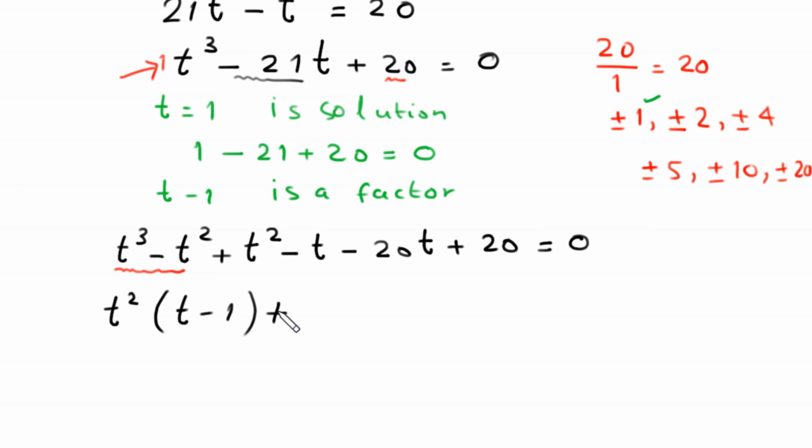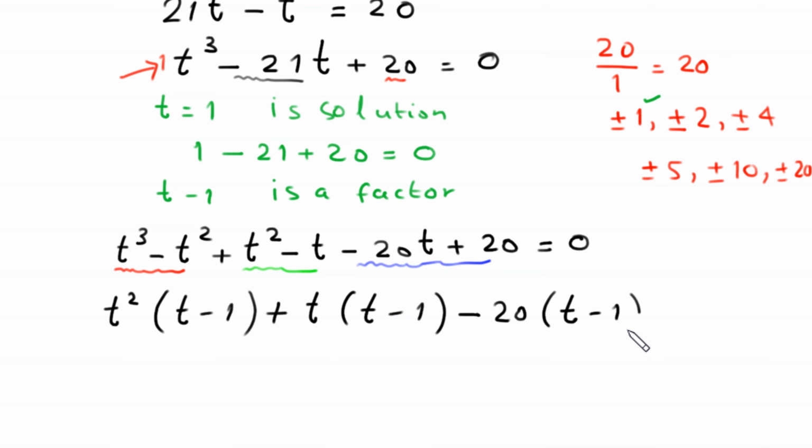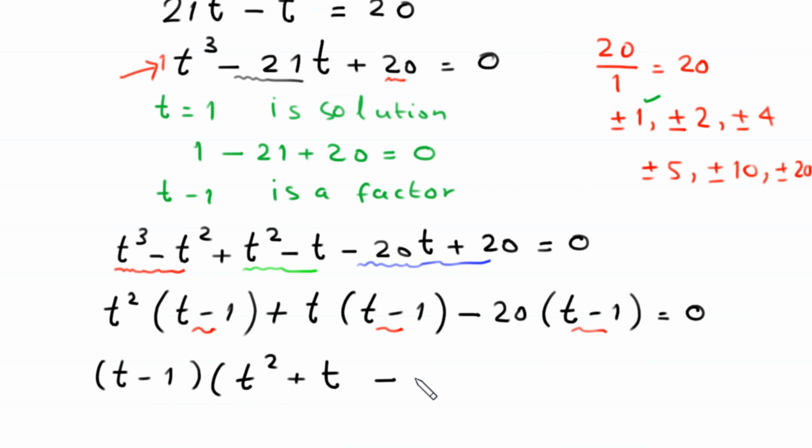From these two terms, t squared minus t, we can factor out t, in bracket t minus 1. From these two terms, negative 20t plus 20, we can factor out negative 20, and in bracket t minus 1 is equal to 0. Now t minus 1 is a common factor, so we factor out this t minus 1, and in bracket t squared plus t minus 20 is equal to 0.